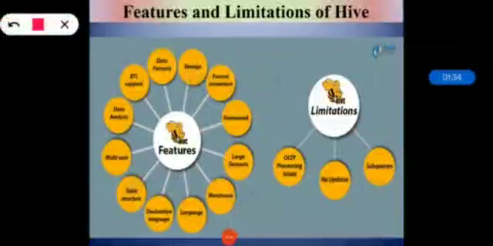Now, taking it further, what is Hive? As I said, it is a data warehouse infrastructure. The features of Hive: it stores the schema in a database and processes the data in HDFS. It is designed for OLAP.